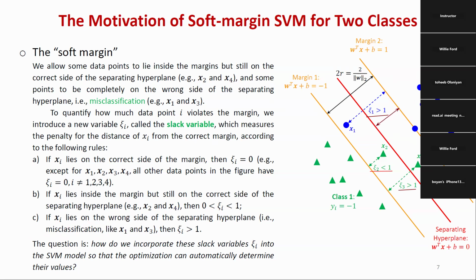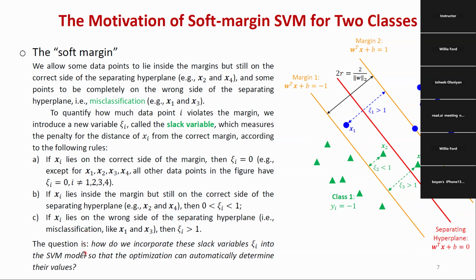Look at your x1: your ξ1 is bigger than this distance, and hence ξ1 should be greater than 1. Similar for ξ3. My distance here is 1, and your ξ3, you can see here, is bigger than this distance, and hence I want ξ3 to be greater than 1. So I want to create a model in this way.